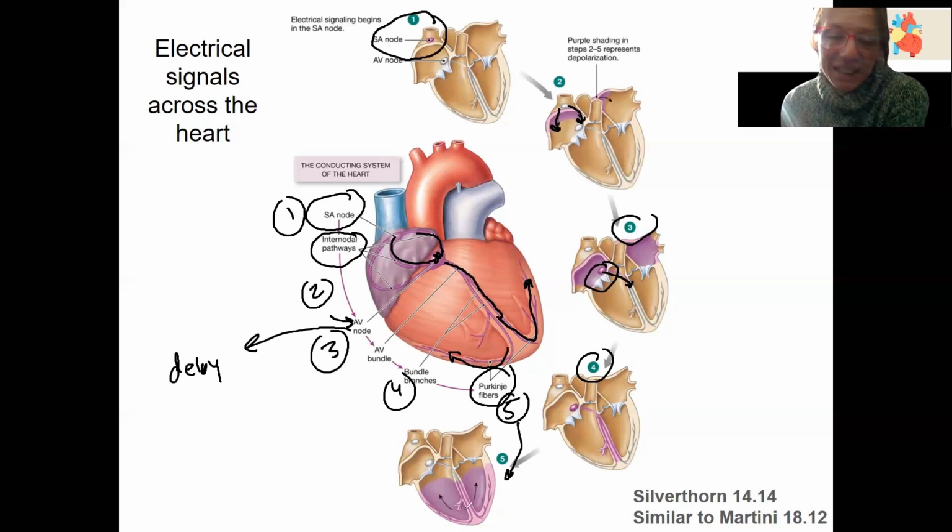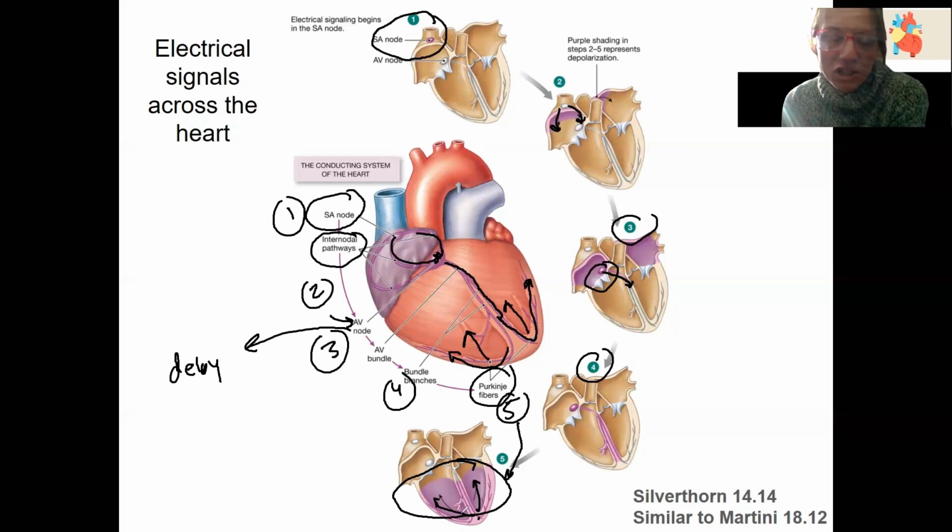So why this is happening is, first of all, you can see all this purple, it all happens at once because it's rapidly going across all the ventricle tissue at once. However, it is going bottom up. So depolarization is initiated down at the apex of the heart, and travels up this way.